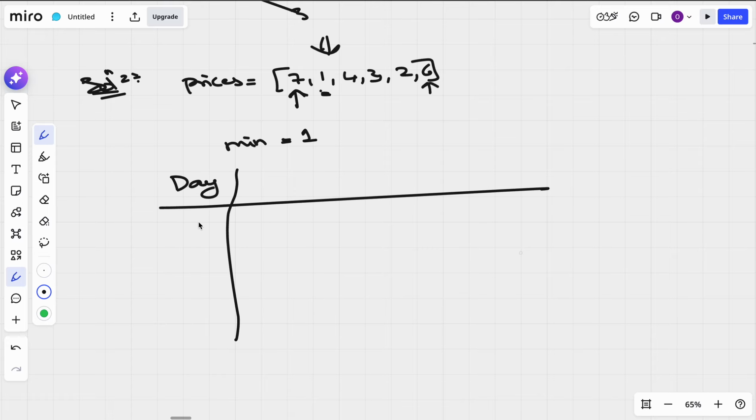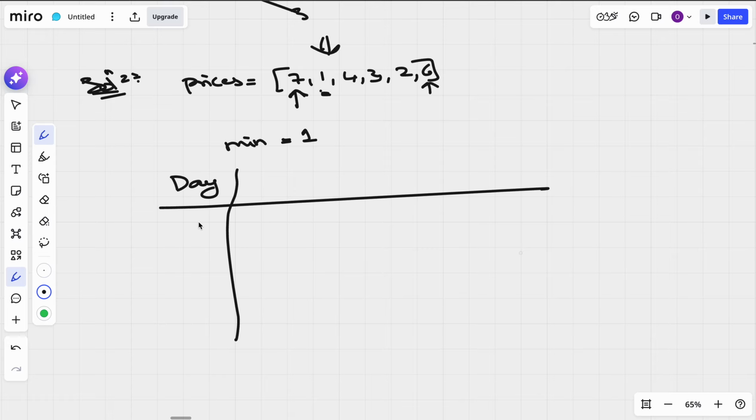Now I will find the minimum value, min value so far, okay? That means initially I don't have anything, so far my minimum value is 7. Clear? Now when there is a value, I will compare with this value. So what could be the minimum value?